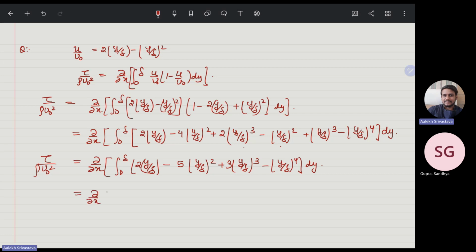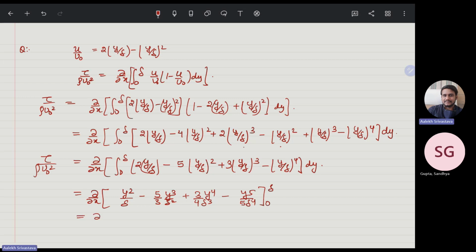So del del x of, we just integrate this with respect to dy. It is y square by delta minus 5 y cube by 3 delta square plus 3 y4 by 4 delta cube minus y5 by 5 delta 4, and the limit is 0 to delta.